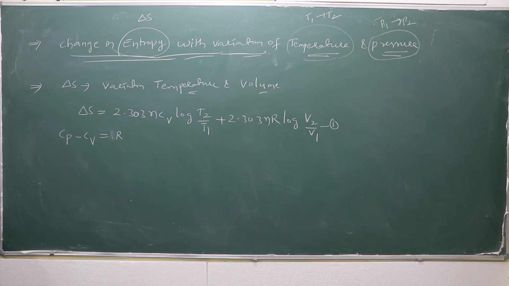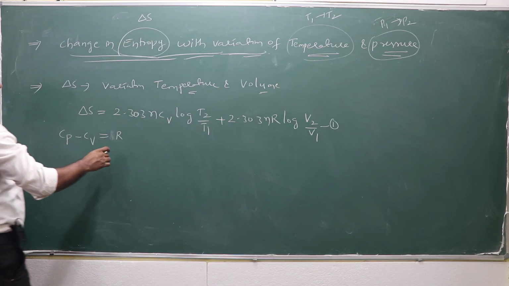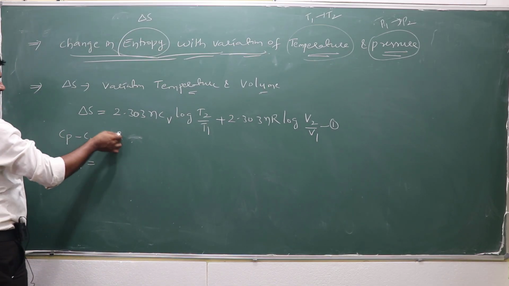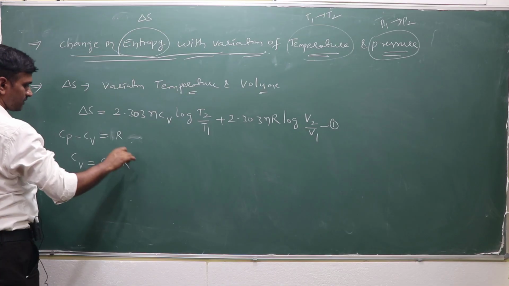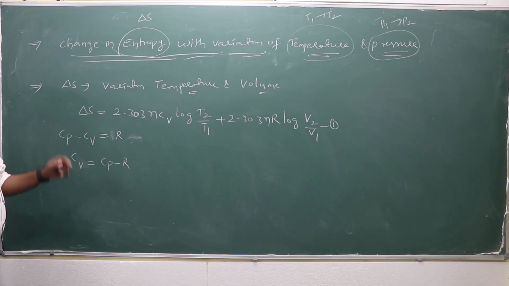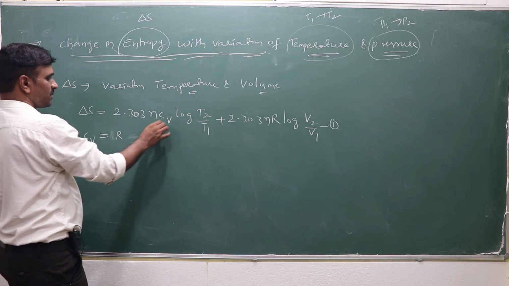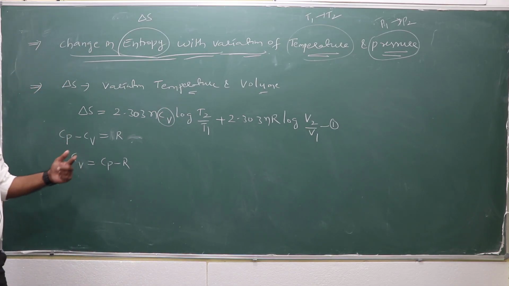When Cp minus Cv is equal to R, from this Cv is equal to Cp minus R, or Cp is equal to Cv plus R. So in the place of Cv you can substitute Cp minus R.